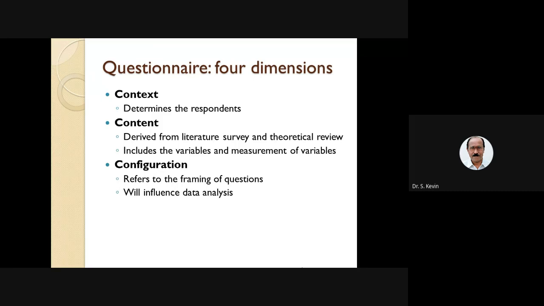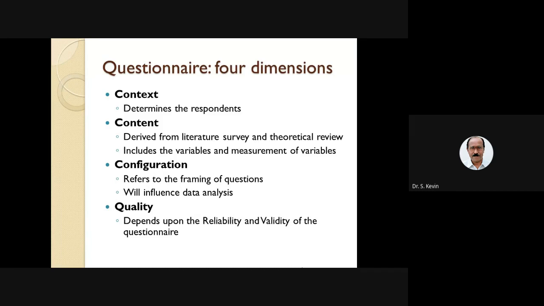In the earlier case we saw, the framing of the question was wrong because the benchmark was not given. The benchmark was other cities. So that will definitely influence the data analysis, because you cannot compare the data if the question is not correctly framed.